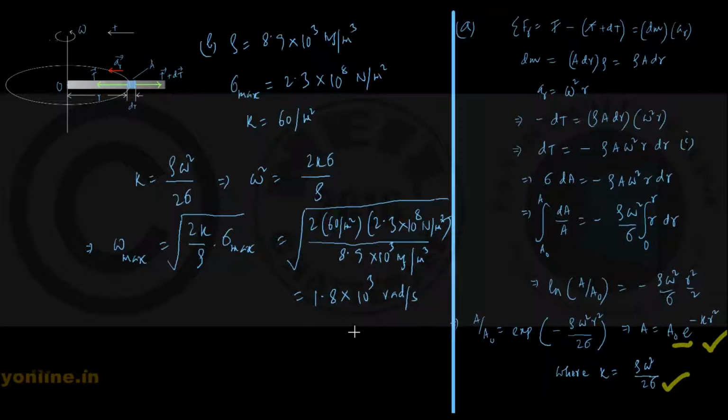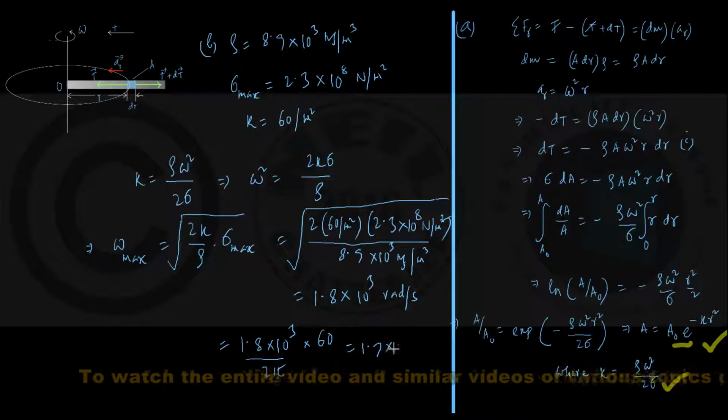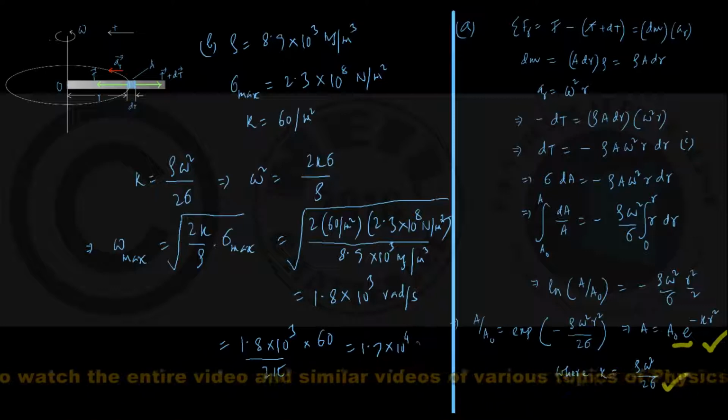We can also convert it into RPM, that's revolutions per minute, using the conversion factor 1.8 into 10 to the power 3 into, well, you divide by 2 pi, you get this number of revolutions, and per minute means multiplied by 60, and this is coming out to be 1.7 into 10 to the power 4 revolutions per minute, RPM in abbreviation.